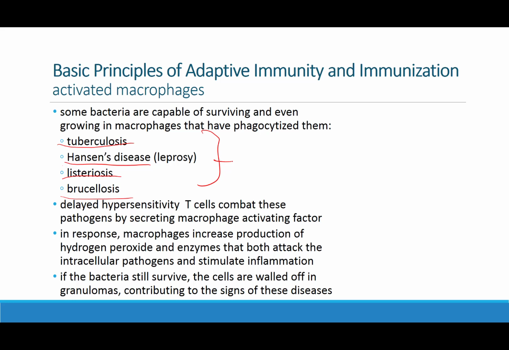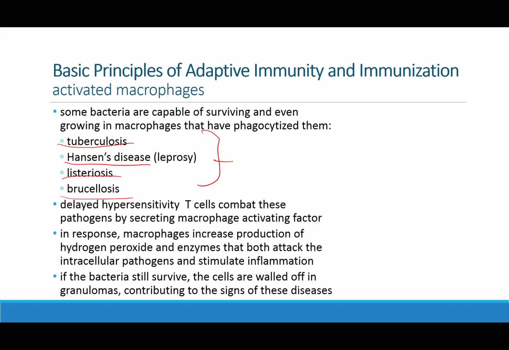We combat them using delayed hypersensitivity T cells, which can secrete macrophage activating factor on these cells. In response, the macrophages increase the production of hydrogen peroxide inside the cells and other enzymes are made as well, and both the hydrogen peroxide and the enzymes attack the bacteria and stimulate inflammation.